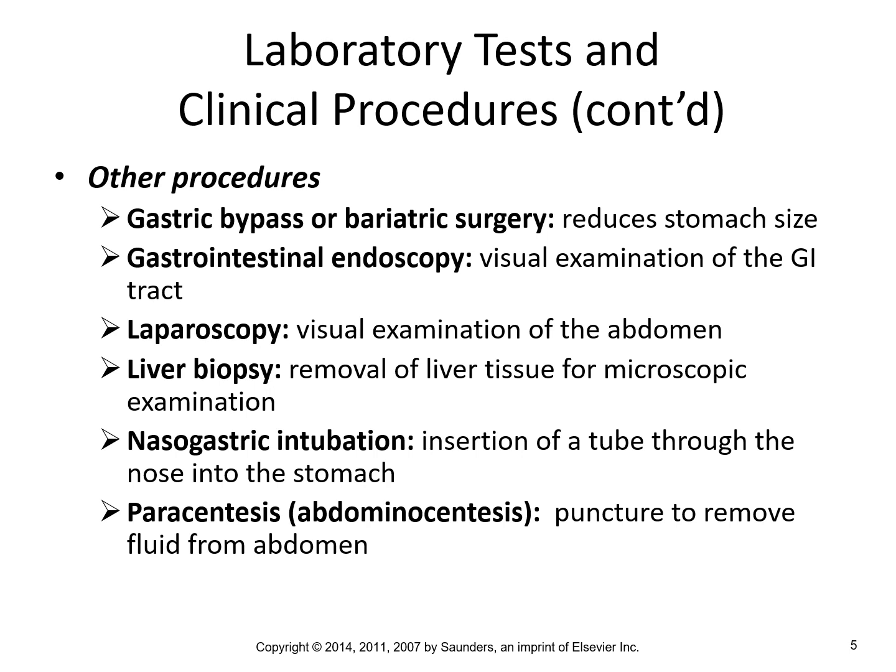This is on page 198 in your book, and a nasogastric tube is insertion of a tube through the nose into the stomach, and it usually has general vacuum pressure that sucks out excess bile and things. It is most often used when people have some type of bowel obstruction. And then you have paracentesis or abdominocentesis, and this is a puncture to remove fluid from the abdomen.